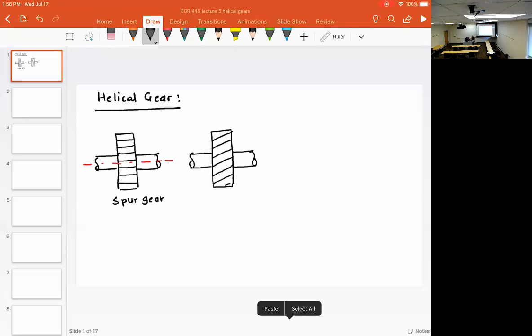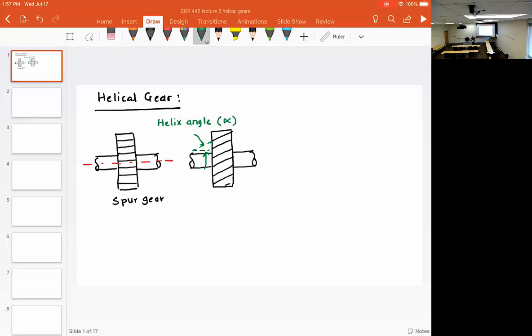And this angle is called the helix angle. This angle is called the helix angle. And this helix angle is usually denoted by alpha.